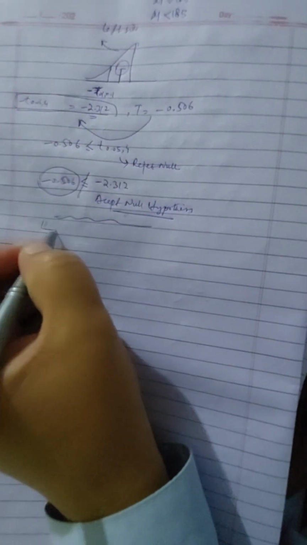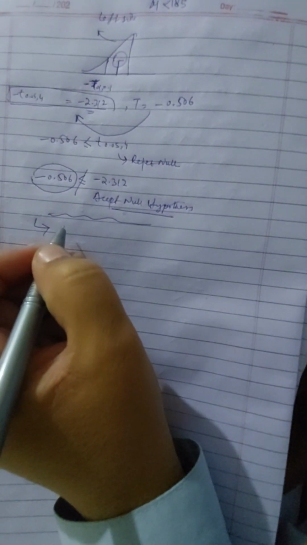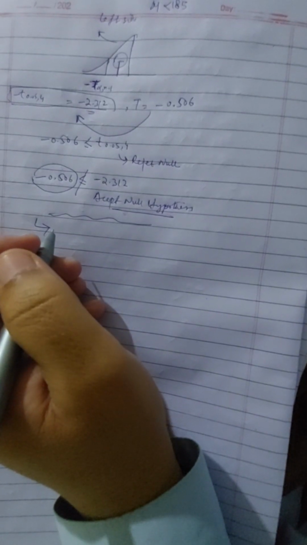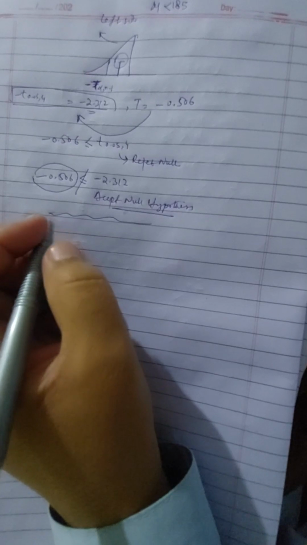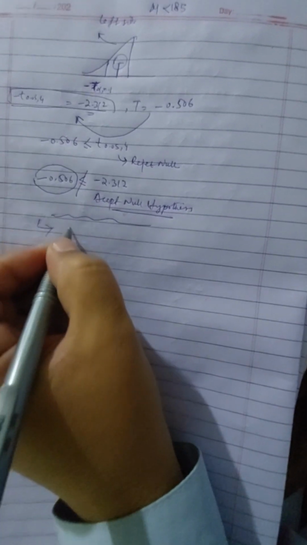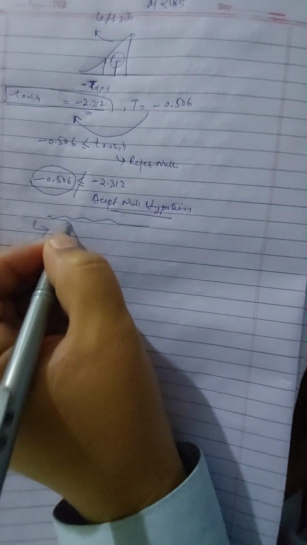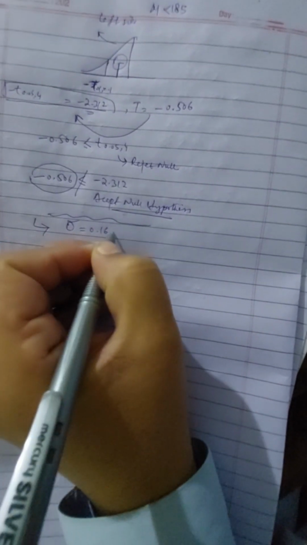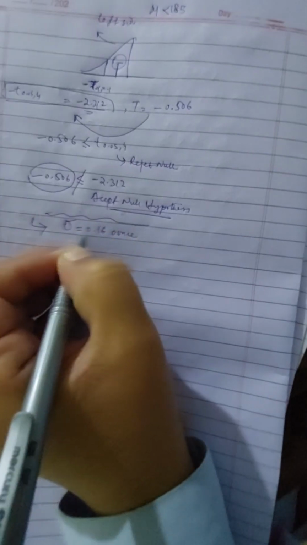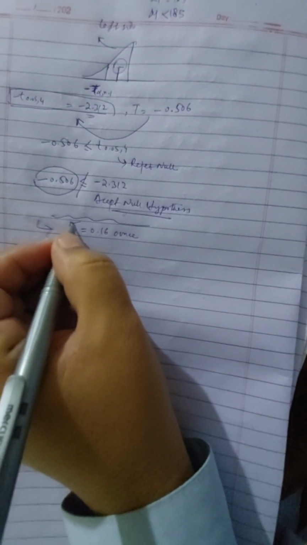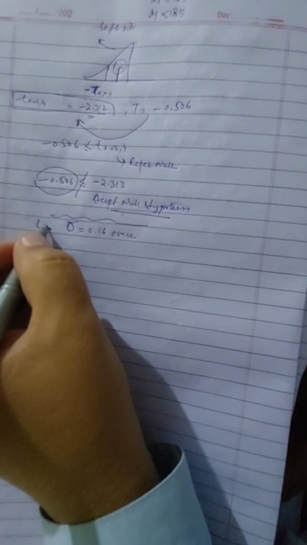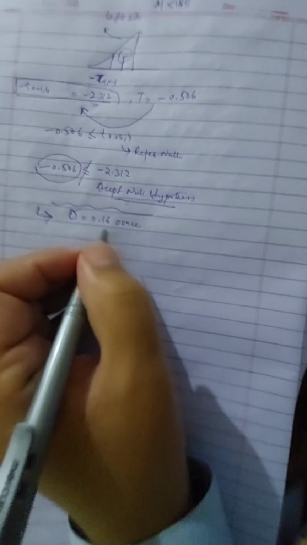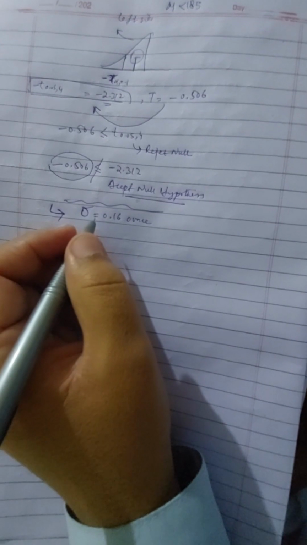So they say that from experience, the standard deviation of the weight of 8 ounce packages of cookies made by a certain bakery is 0.16. It means that the population standard deviation is equal to 0.16 ounce. Because it is known from experience, it is not from the sample data.